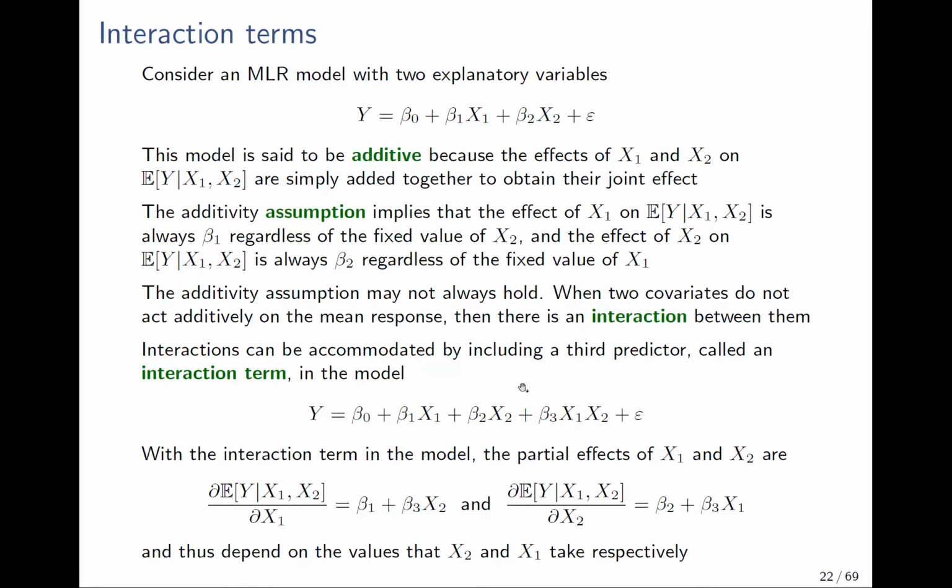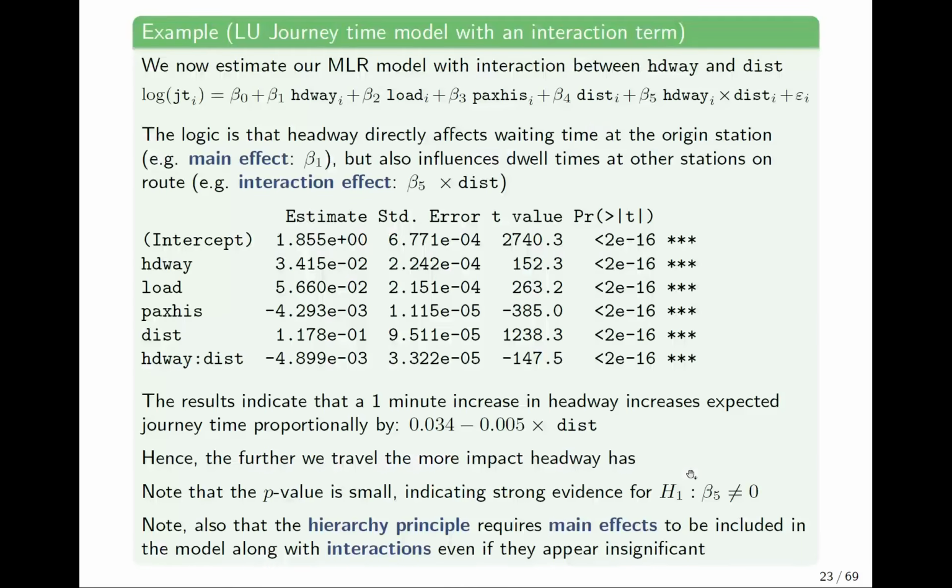And with the interaction term in the model, if we take partial derivatives, then we can see that the partial effect of x1 is beta 1 plus beta 3 times x2. And the partial effect of x2 is now beta 2 plus beta 3 times x1. So each variable's effect now depends on the value that the other variable takes, which is exactly what we mean by an interaction.